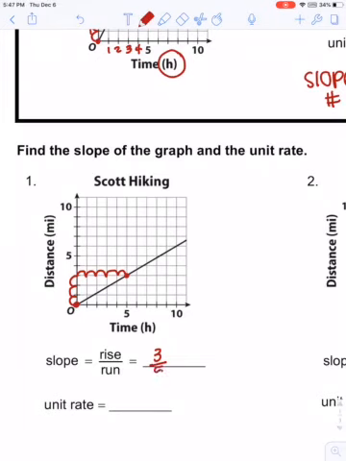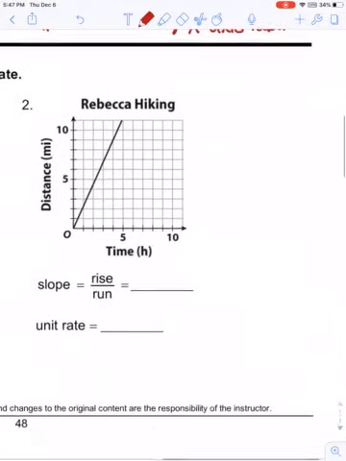So it's rise 3, run 5. So I would write my unit rate as 3/5 miles slash hour. So 3/5 miles per hour. If you want to write that as a decimal, you can do that as well. You could put 6/10 of a mile per hour. Either way.